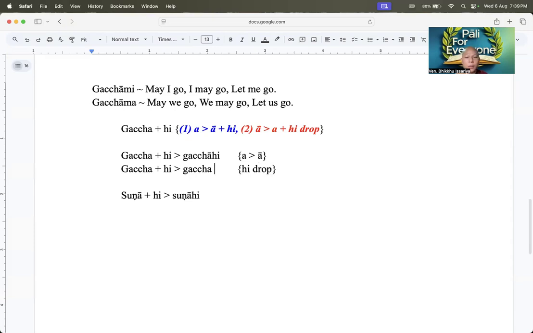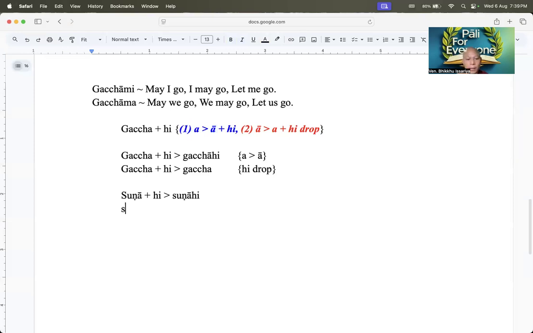Now this suṇohi, we don't need to do anything because it is already there.